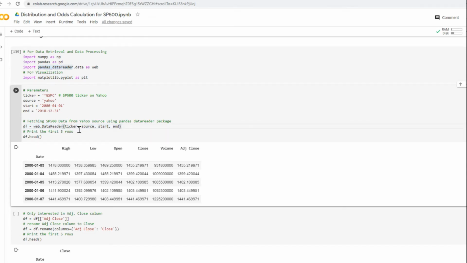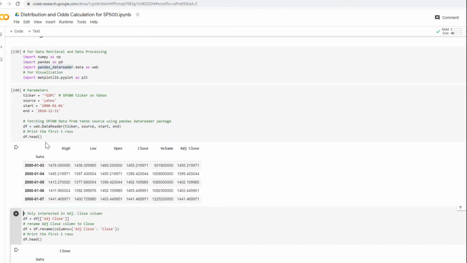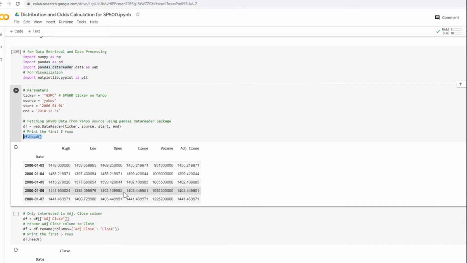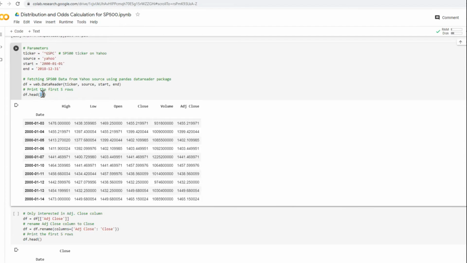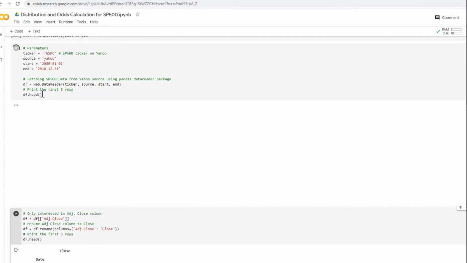Okay, so we pull the data, and after it has downloaded from the source, we can visualize it. The head shows only the first rows, right? The number of rows, you can change it if you say, I want to see 10, you just put 10 here. By default it is 5. Okay, let's keep it at the default value.